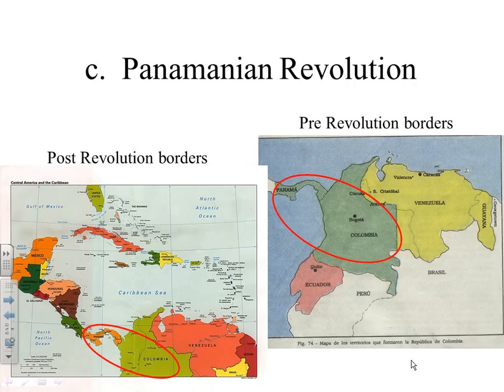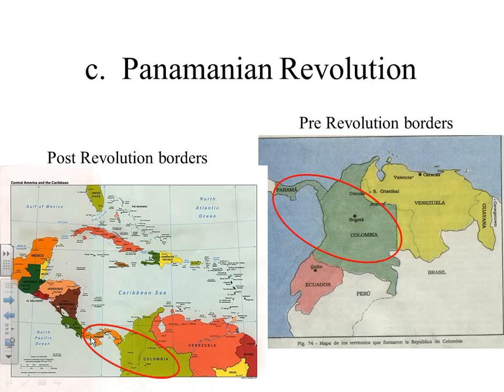So we need to discuss the Panamanian Revolution. To help us, we'll look at these maps. So look at the pre-revolution borders. Panama is green here because it's in the Colombian territory. It was part of Colombia. There's Bogota from that political cartoon we just looked at, the capital of Colombia. Here, the post-Panamanian Revolution, we see Panama a separate color than Colombia. Well, that's indicating that it had separated and become an independent nation.